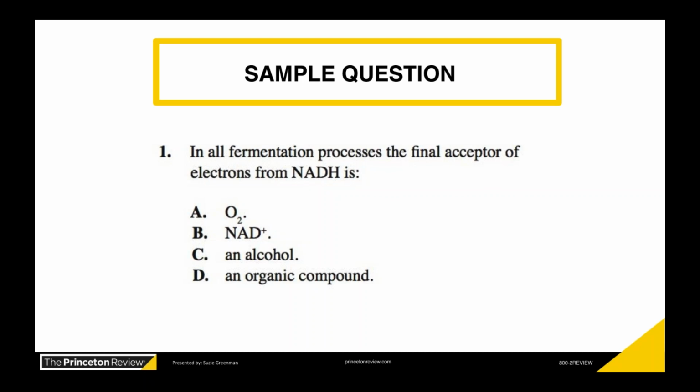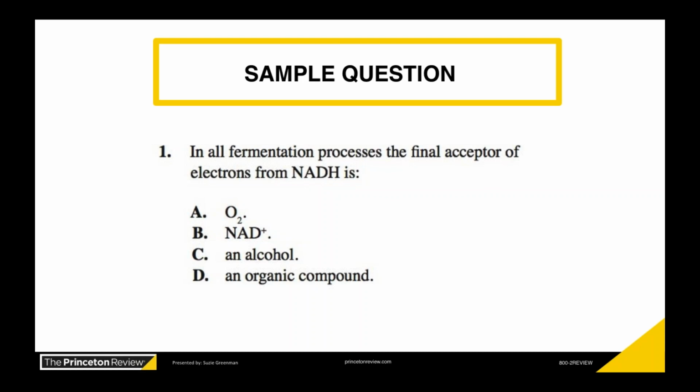The final acceptor of electrons from NADH, well, we can use process elimination right away, right? We can get rid of oxygen because we know that this is an anaerobic reaction. And the final acceptor of electrons, it's definitely not going to be NADH because we just created NADH from NAD+. So it's not the acceptor of electrons.